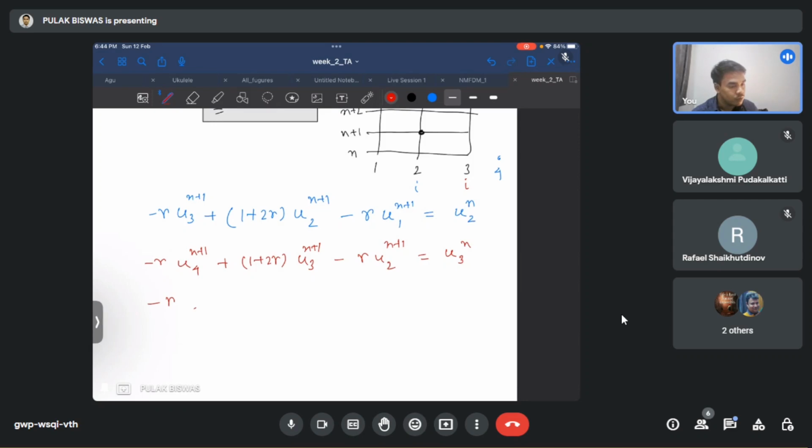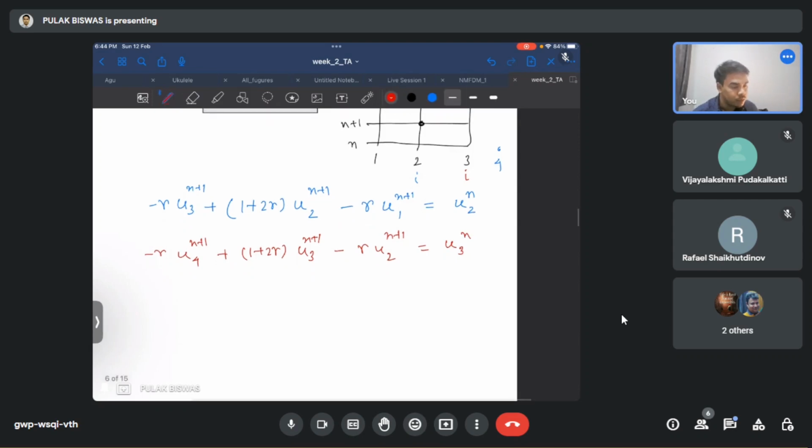So if you construct a matrix, in order to find these values, you do not know these values, you want to find them. So minus r, 1 plus 2r, minus r, 0 0 0 dot dot dot 0, minus r, 1 plus 2r, minus r.